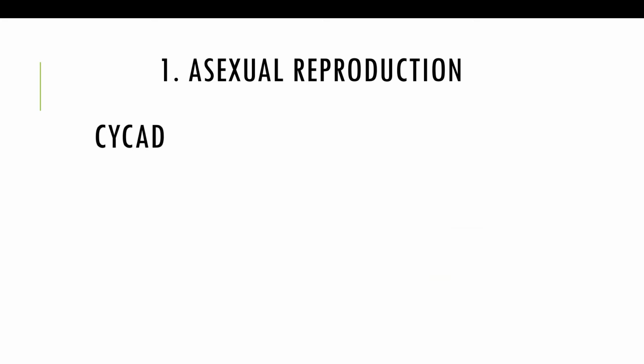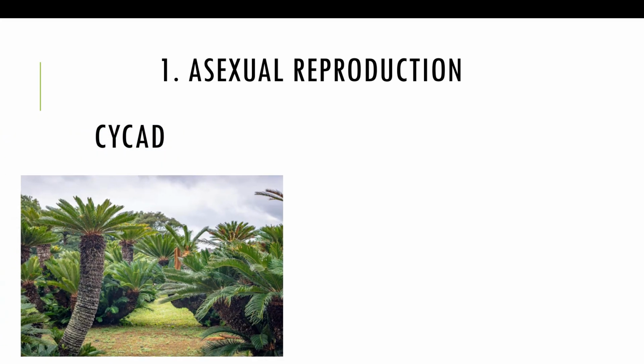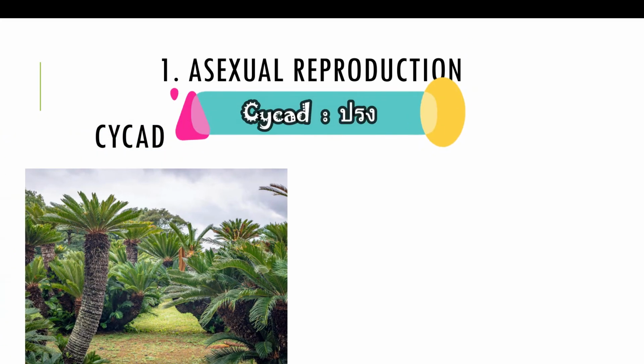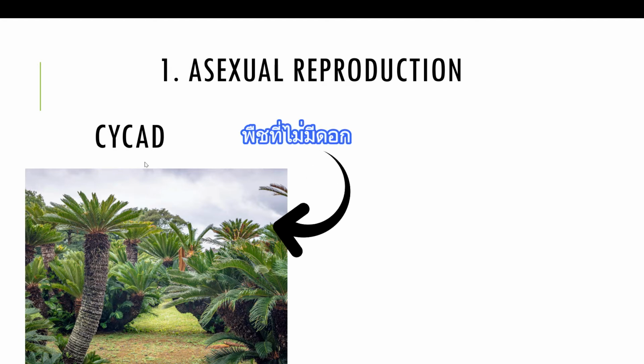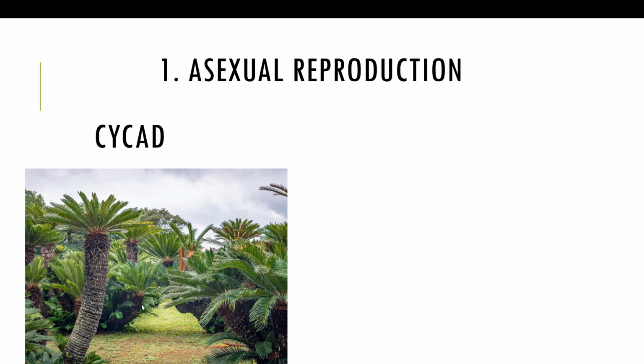Asexual reproduction, an example is the cycad. Asexual reproduction means non-flowering plant. An example of a non-flowering plant is the cycad. As you can see, the cycad has no flower.